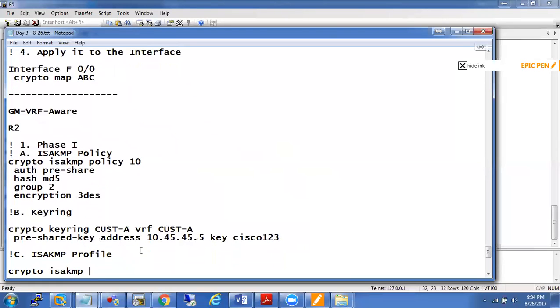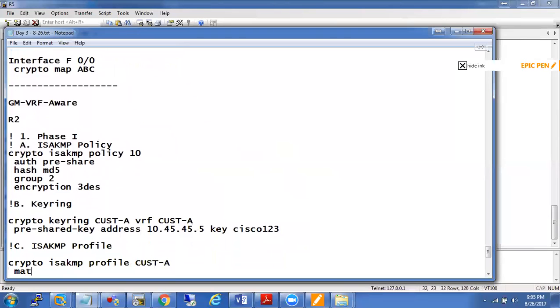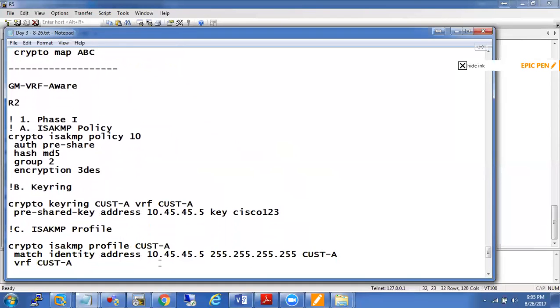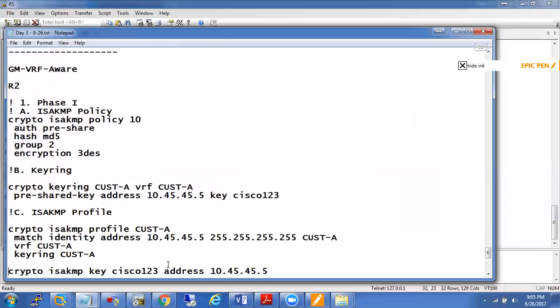Crypto ISAKMP profile, let's call it cust A, just keep it simple. Match identity address 10.45.45.5, 255.255.255.255, and the VRF is cust A, and the keyring, call it cust A. Just keep it the same so it becomes easier.